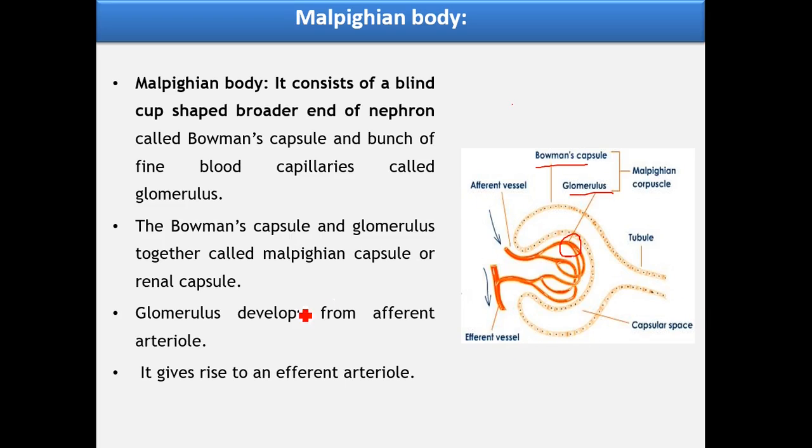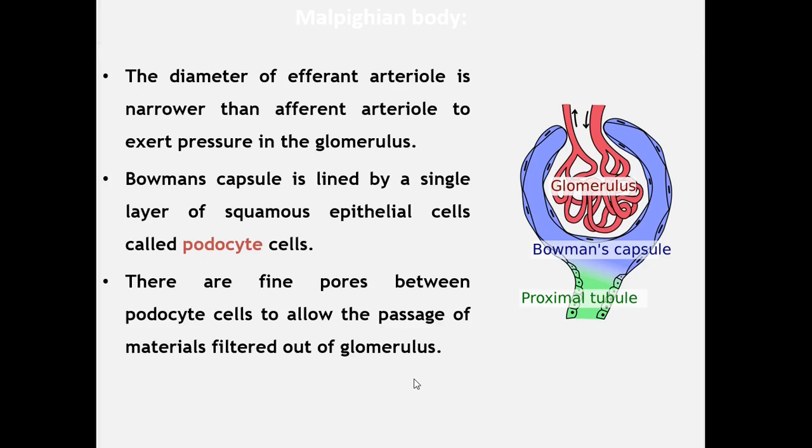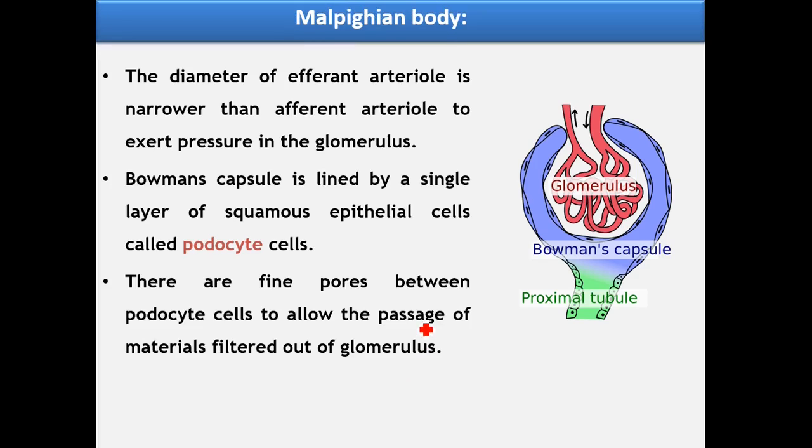And again these reunite and form the efferent arteriole. Please observe the difference, children. Afferent, AFFERENT, and the blood vessel which is coming out of the Bowman's capsule is called efferent, EFFERENT, efferent arteriole. So, it enters as afferent arteriole, forms glomerulus and comes out of the Bowman's capsule as efferent arteriole.